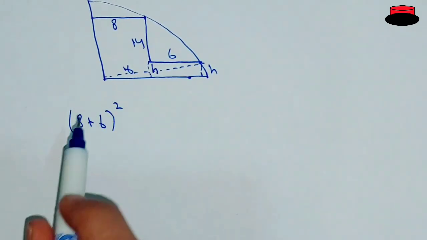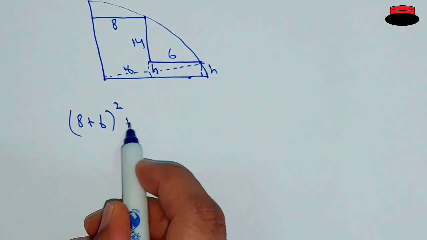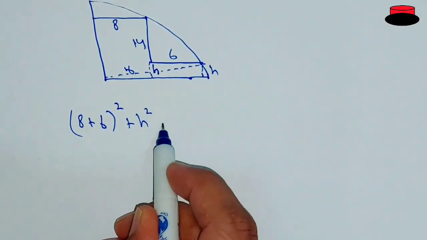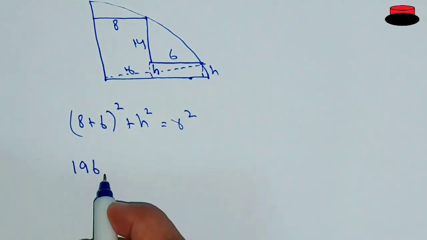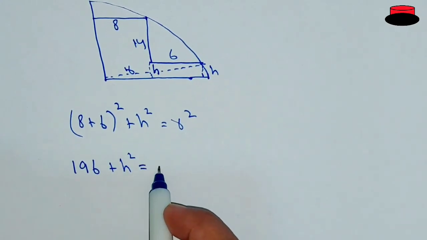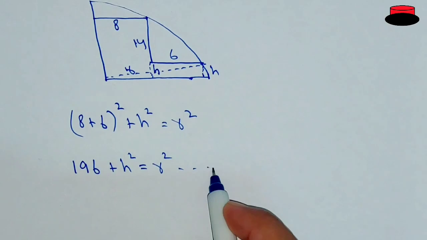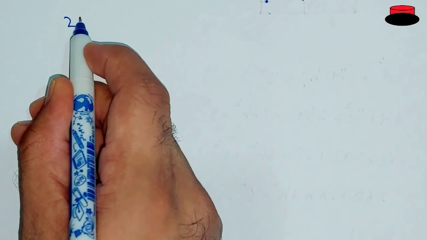So 8 plus 6 is the base of that, so (8 plus 6) whole square plus h, this is the perpendicular, h square equal to r square. So here we have 196 plus h square equal to r square. This is our equation 2.